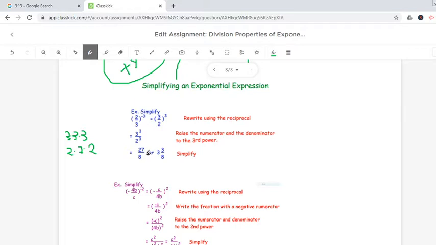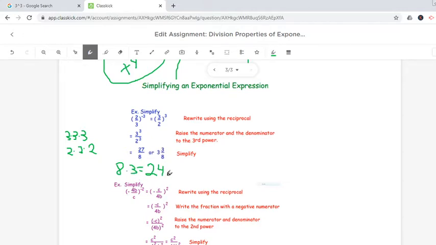Okay. Then we have 27 over 8. So how many times can 8 go into 27? Well, we have 8 times 3 equals 24. So it goes into it 3 times.